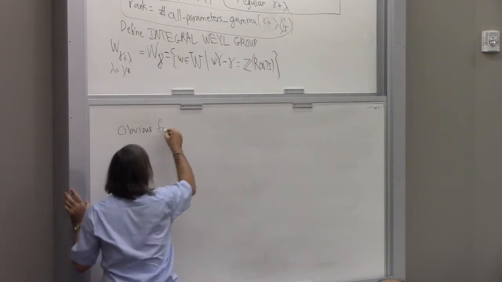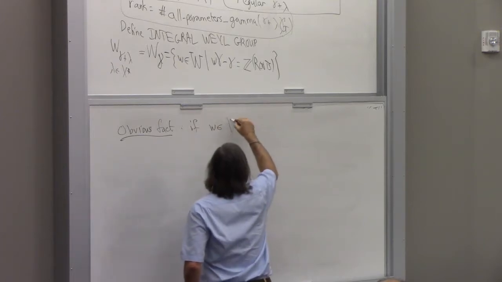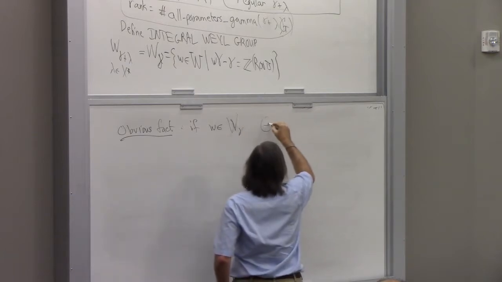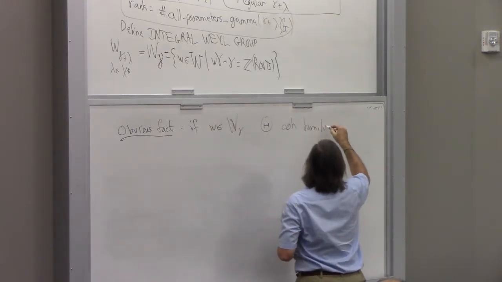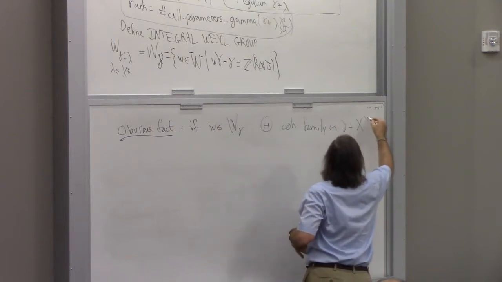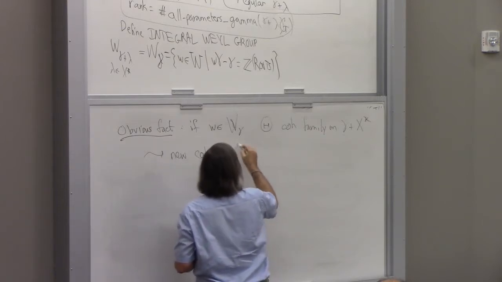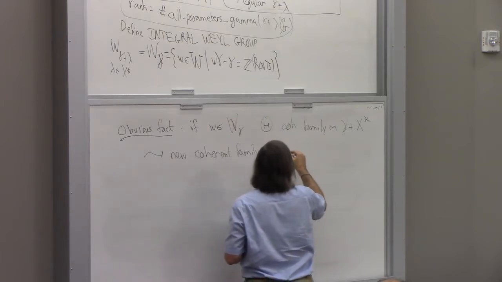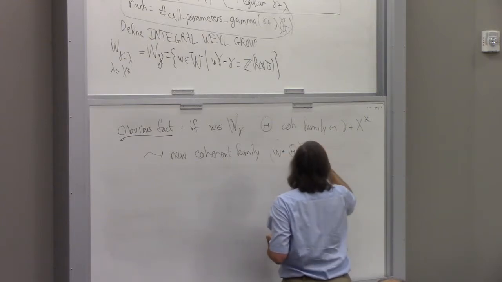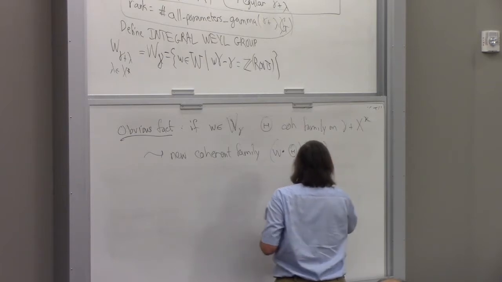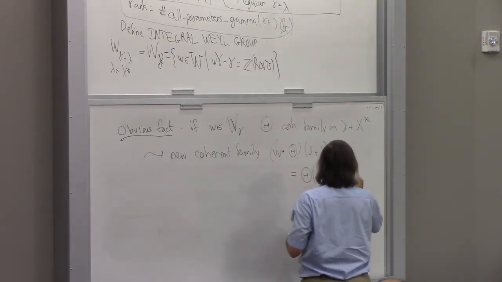the sort of obvious fact is that if I have some W in W gamma and this theta is a coherent family on gamma plus x upper star, then I get a new coherent family, W applied to theta, whose value at gamma plus lambda is, by definition, the old coherent family at W inverse of gamma plus lambda.